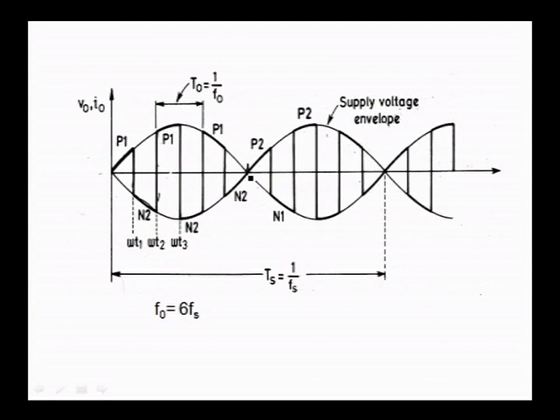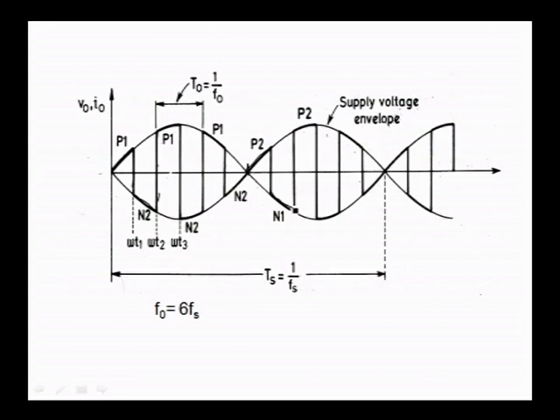Again during the negative half cycle, I already told you, P2 and N1 are forward biased. So, here again P2 is turned on, it follows the positive envelope, again P2 is force commutated, N1 is turned on, output voltage becomes negative, this is how we will get the envelope.